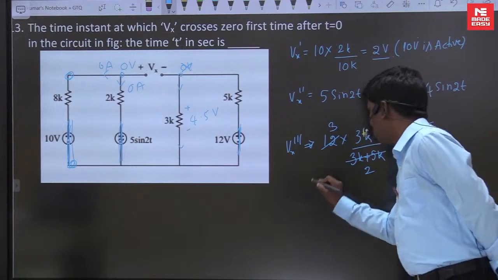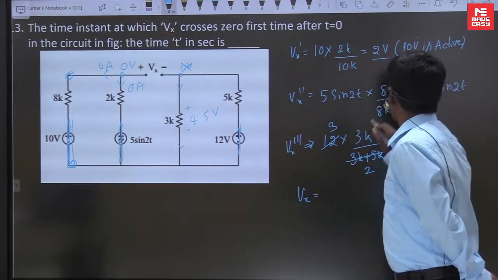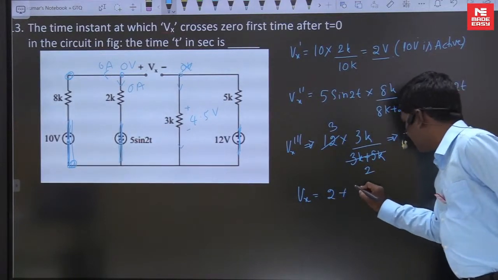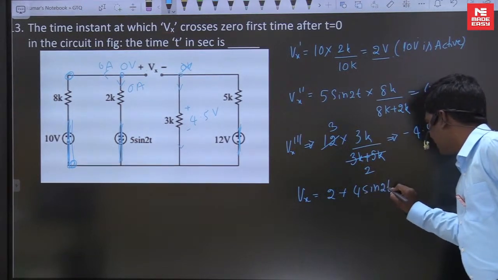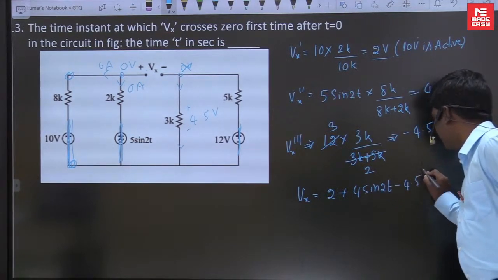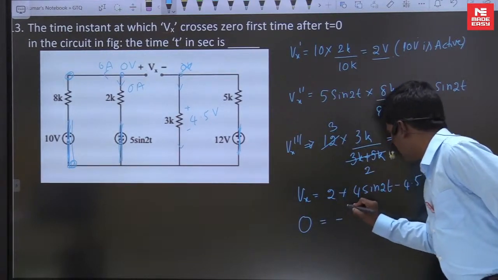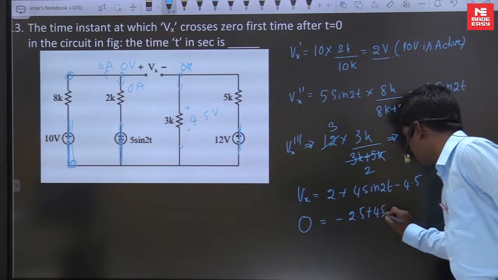So total Vx is 2 plus 4 sin 2t and minus 4.5. Simply set Vx equal to 0. Here it is minus 2.5 plus 4 sin 2t.